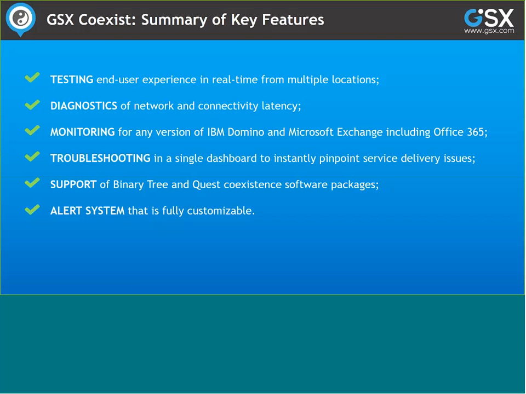And in terms of component monitoring, we'll be able to do any version for Domino and Exchange as well. For troubleshooting, we can go into a more in-depth demo if you're interested, and we can show you, but we gather all of those different checks and all that information in a single dashboard so that you can understand and drill down when there are issues that impact specific services and drill down to what components are impacting those.